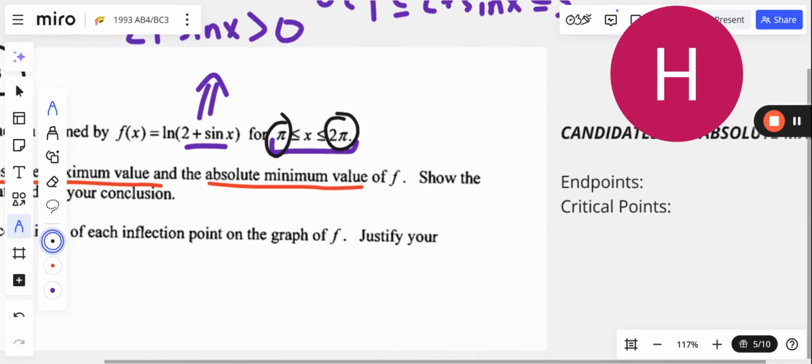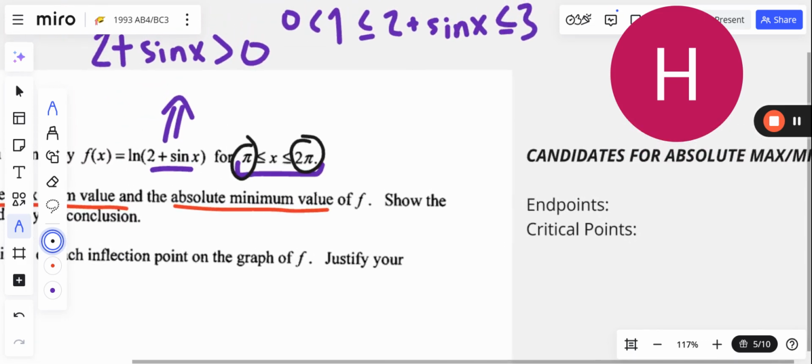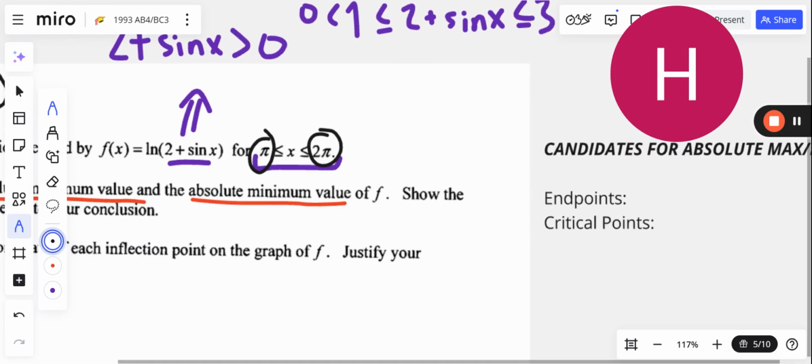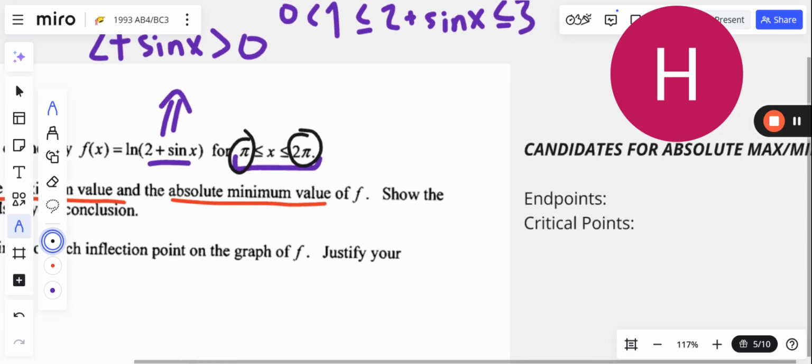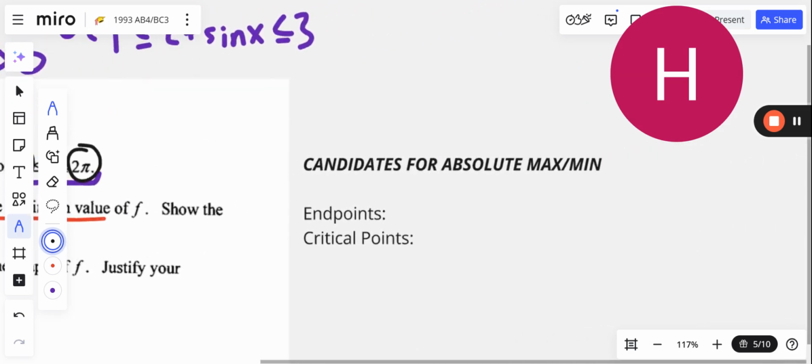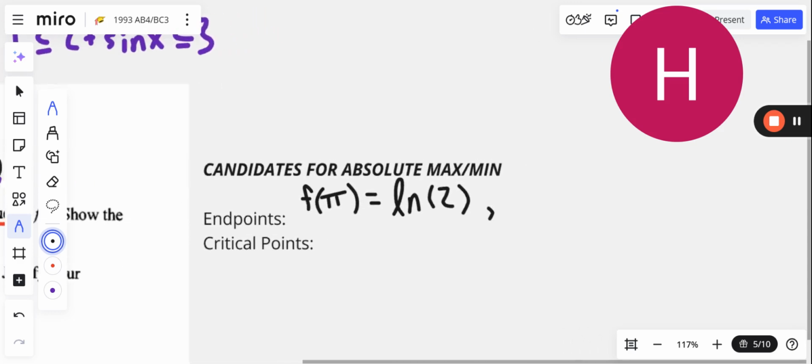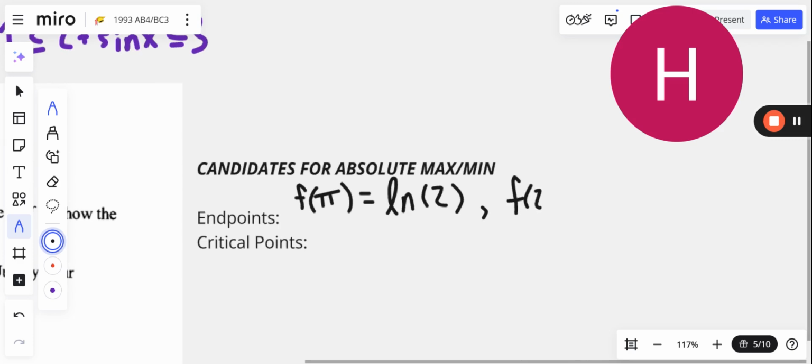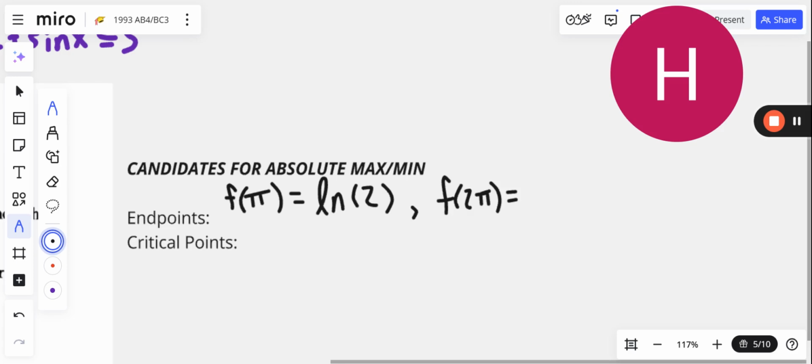Okay, well, let's check the actual value of these at pi and 2 pi. You'll notice that sine of x is the same value at pi and at 2 pi. So f of pi gives us ln of 2, because sine of pi is 0, so 2 plus 0 is just 2. And the other endpoint, f of 2 pi, is also equal to ln of 2, because sine of 2 pi is 0.